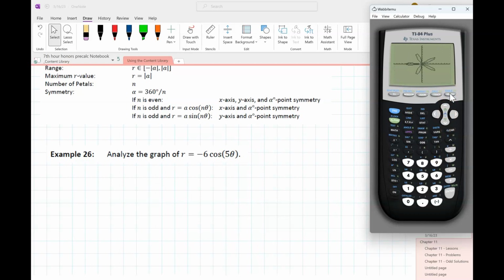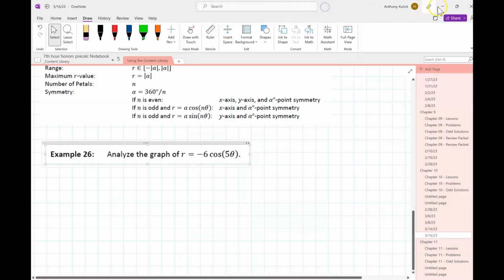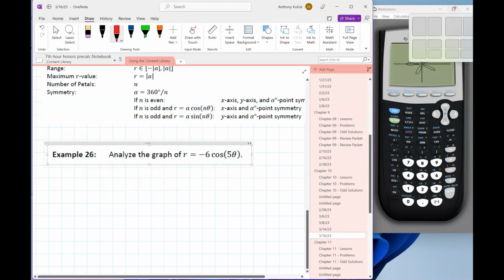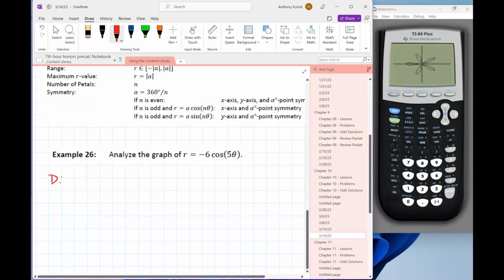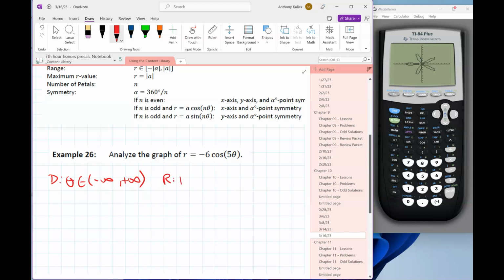So there's my picture. I know that the domain is going to be all real numbers for any rose curve. The range is going to be from -6 to +6.